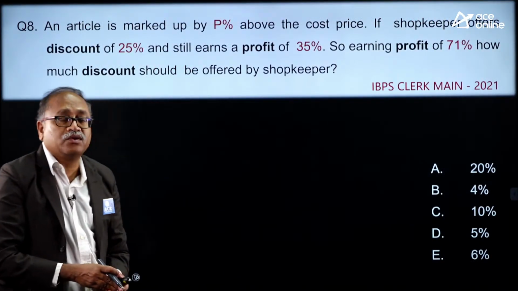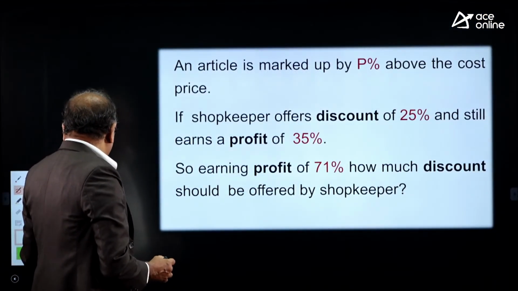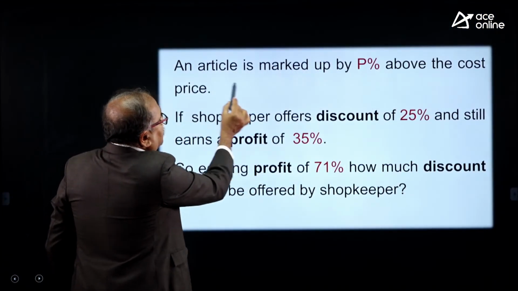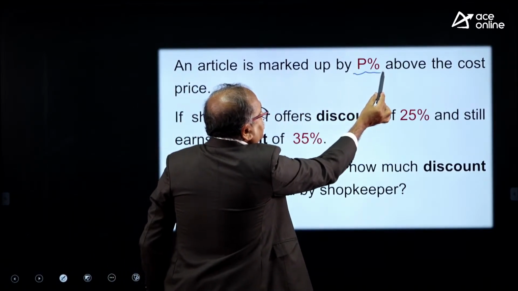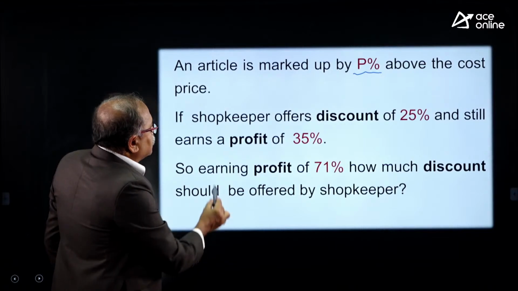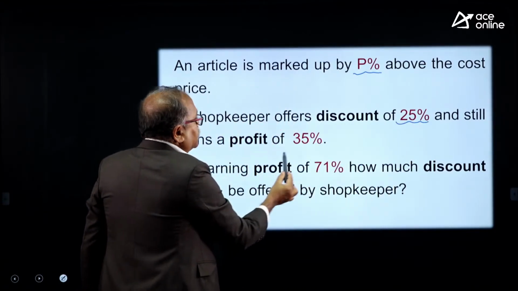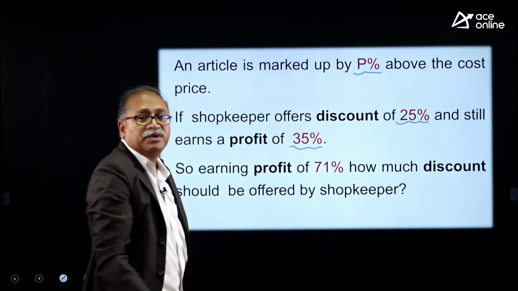Let me take it a little closer and we will read the facts over here. What are the facts given here? An article is marked up by P percentage. The markup percentage is not known to us, and the shopkeeper offers a discount of 25% and earns a profit of 35%.